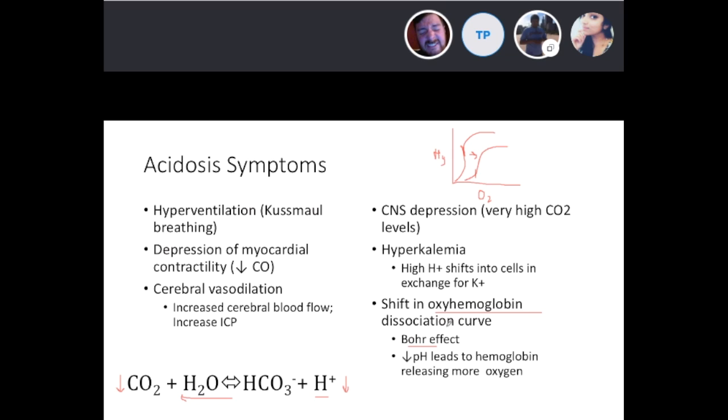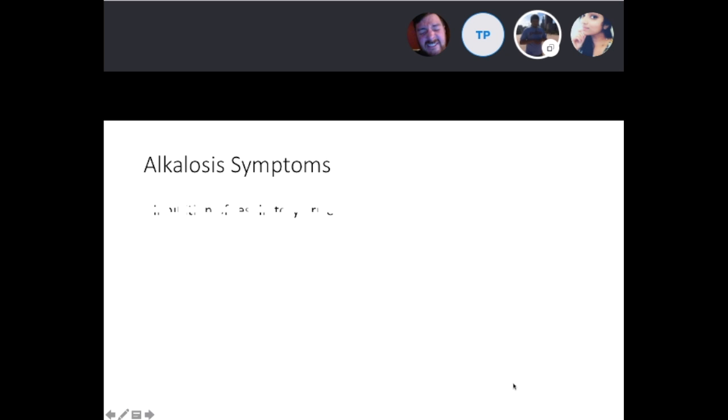Okay. And we kind of went over that yesterday with the low pH and what it does to the hemoglobin. It releases more oxygen. So in alkalosis symptoms, it's basically inhibition of the respiratory drive. Your brain wants the body to retain the CO2 to increase the H plus concentration to bring the pH back to normal.